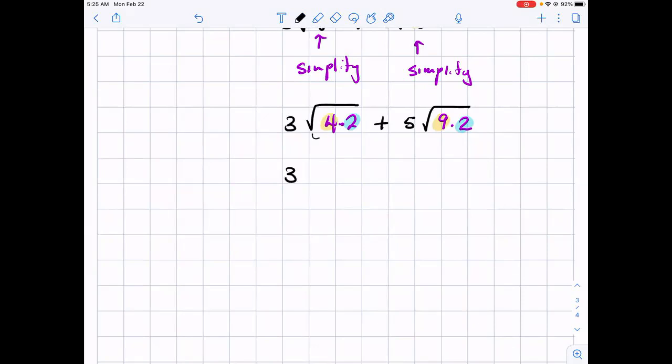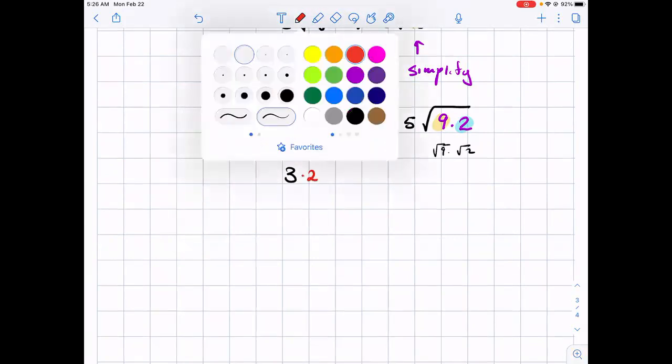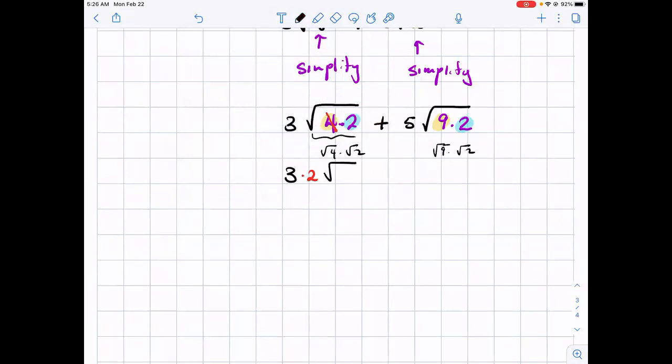Remember, this here can be rewritten as square root of 4 times square root of 2. We can also write square root of 9 times square root of 2. And that's when I say that the 4 comes out, and that becomes times 2, and what's left is radical 2.